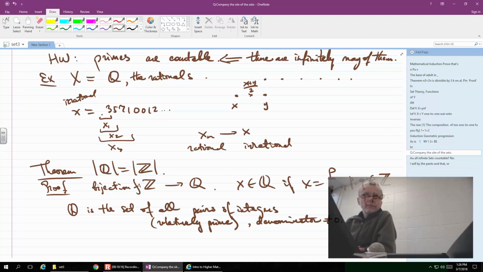Is this all pairs of integers? Because for x to be a member of Q, it has to be p over q, for both p and q in Z, so for everything. Yep. So what's the difference between relatively prime and prime? Prime is a characteristic of one number. Relatively prime means they are prime relative to each other, so they don't have to be prime themselves. 9 and 6 are not relatively prime.